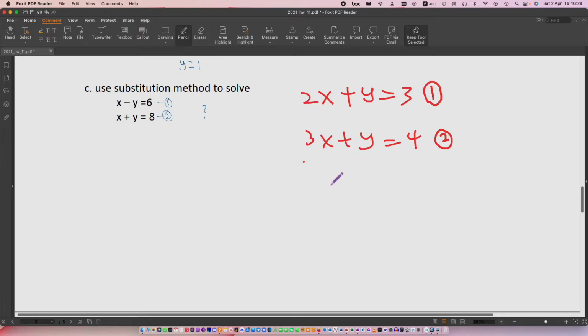Or both are easy, then choose any one. Do the conversion. Which one is easier? 1 and 2. 1. 1 then go ahead.